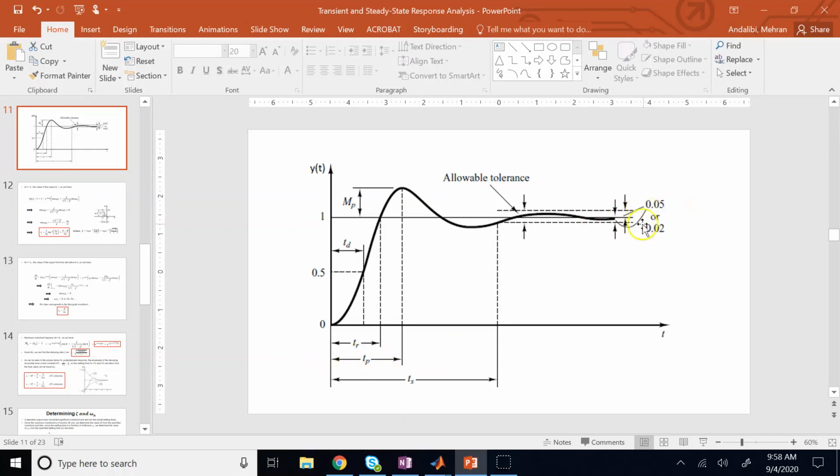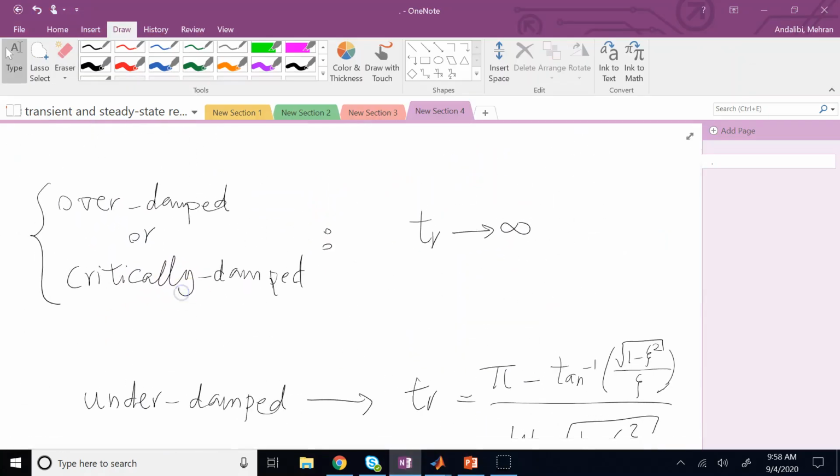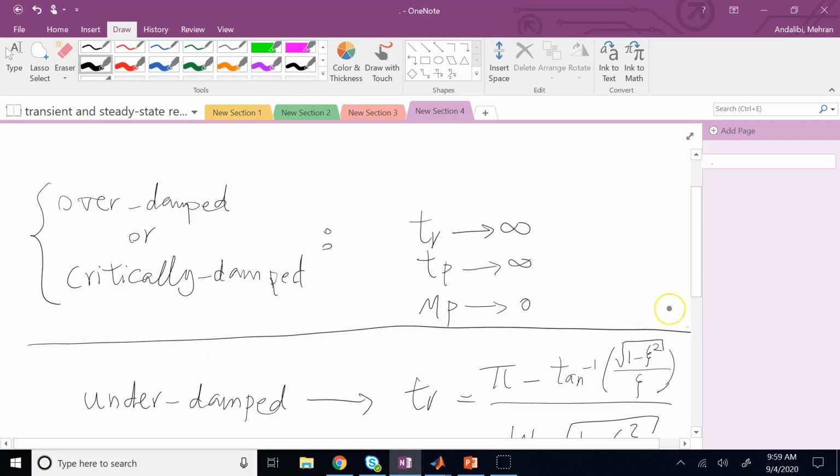It takes forever to reach your peak, which is 1, and there your function is 1, so the difference is 0. So for those cases, Tp is also at infinity, and MP is literally 0. So for the overdamped and critically damped cases, we really never specify these parameters.